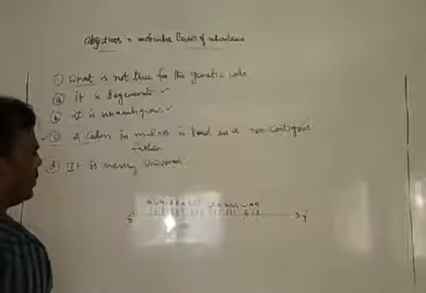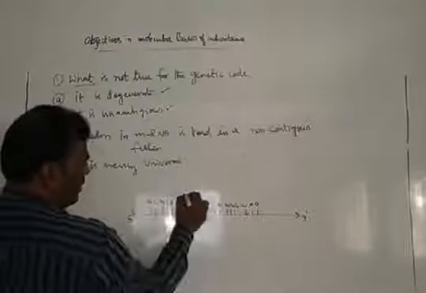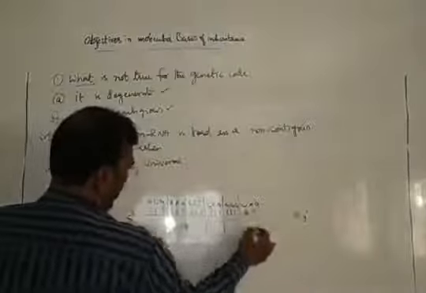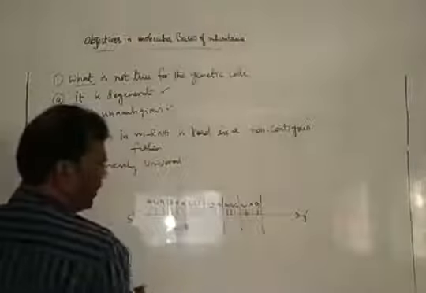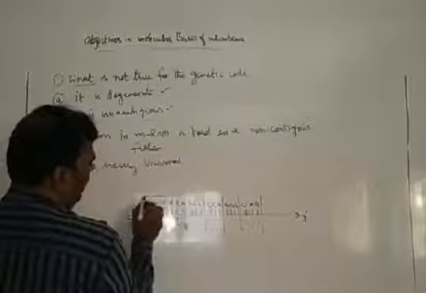The codon is made up of 3 nucleotides. This is an initiator codon, and this is a terminator codon, with a number of codons in the middle. This AUG forms one codon continuously.